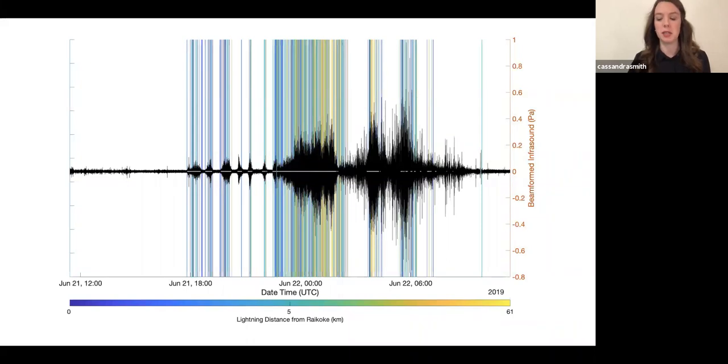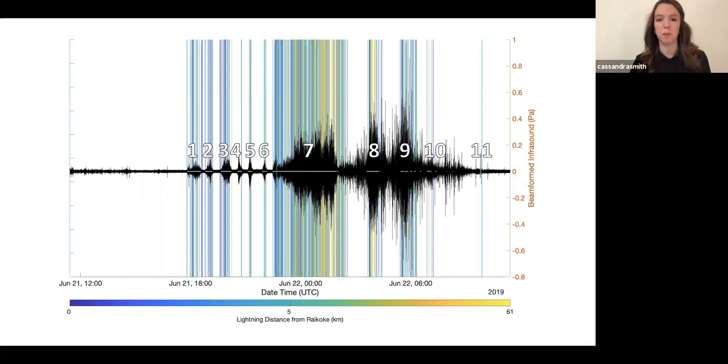You also can see that, like we saw in the satellite imagery, there's a series of pulses of activity that's really clear in this infrasound. Now I've just labeled them here. There's about 11 of them. And if we look specifically at the first 6, we can really see that there's a relationship, it appears, with how long the infrasound is occurring for with how long the lightning is occurring for.